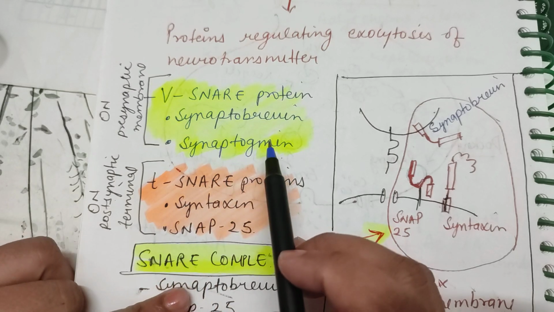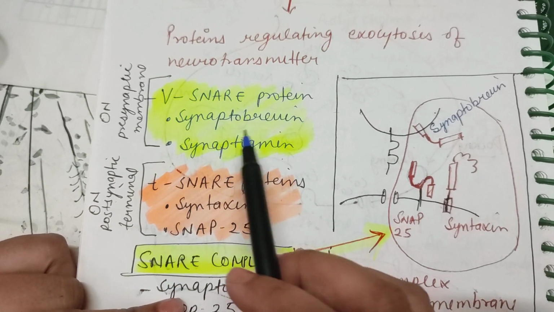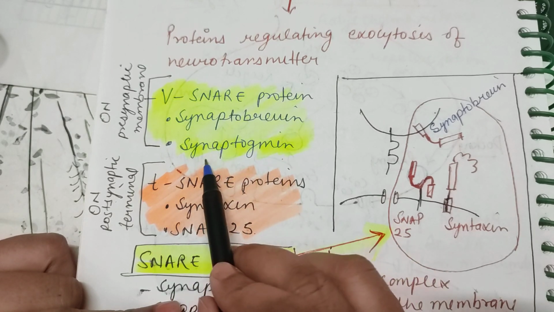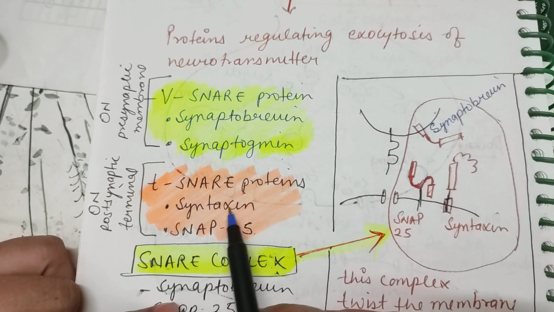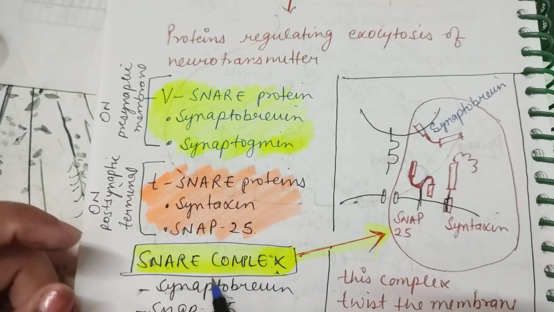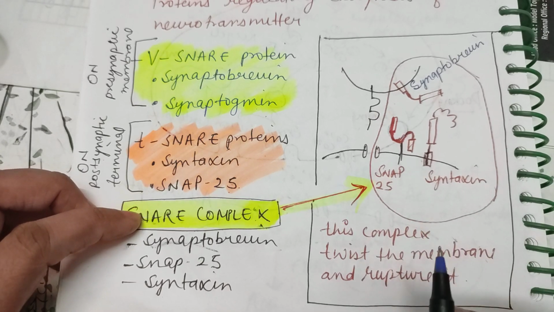What is the SNARE complex? There are v-SNARE proteins and t-SNARE proteins. The v-SNARE protein is synaptobrevin, and the t-SNARE proteins are syntaxin and SNAP25. These are the proteins which help in exocytosis of neurotransmitters.